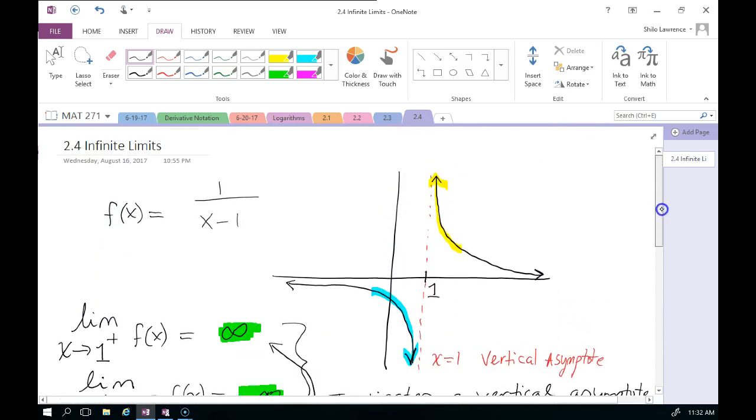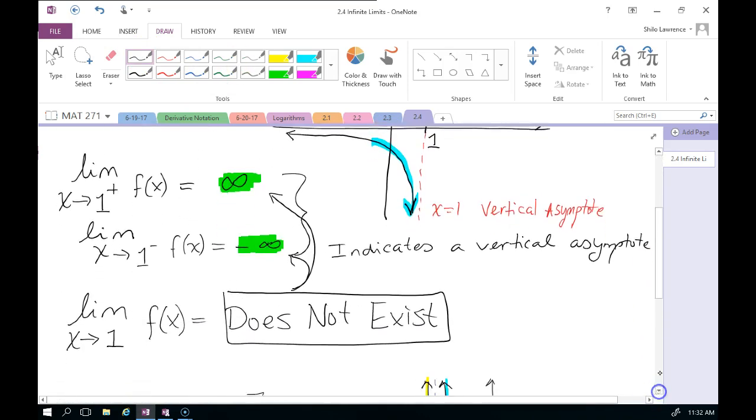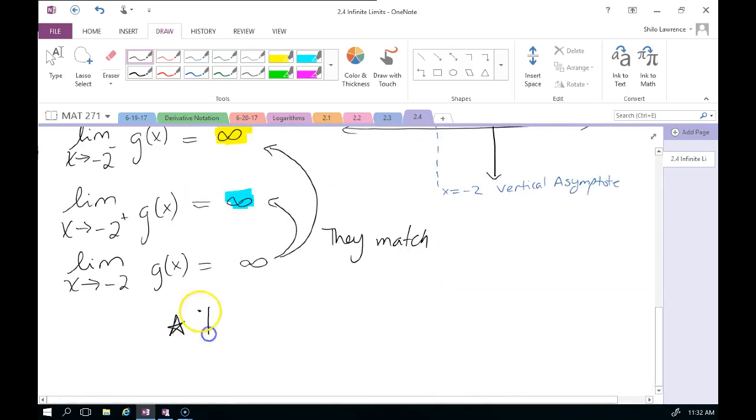So let me label this. And let me also tell you that technically, to be 100% mathematically accurate, these limits do not exist. All of them.